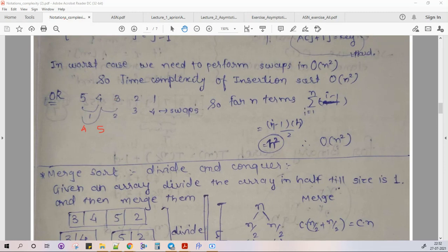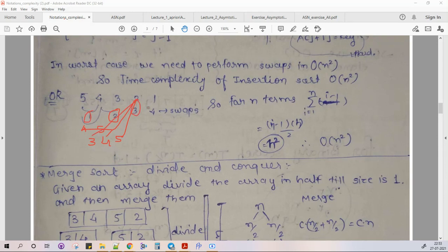Now what will I do? I will again compare with 4. 3 is less than 4, so I will again swap with 4. So I need to make two swaps, with the 5 and 4. After this iteration, my array looks like 3, 4, and 5. Now I have 2. I will swap with 5, with 4, and with 3. So I need to make 3 swaps.